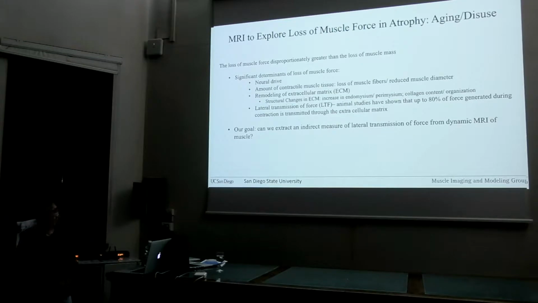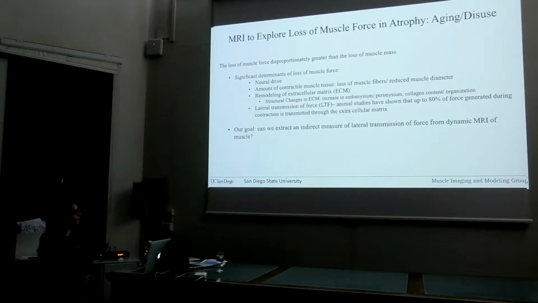But there has been no in vivo measurement of this lateral transmission of force for obvious reasons. It's hard to disambiguate even a single muscle force, much less the longitudinal and lateral components of it. One way to extract it could be to use computational models to see how that lateral force and longitudinal force contribute to the total force production.